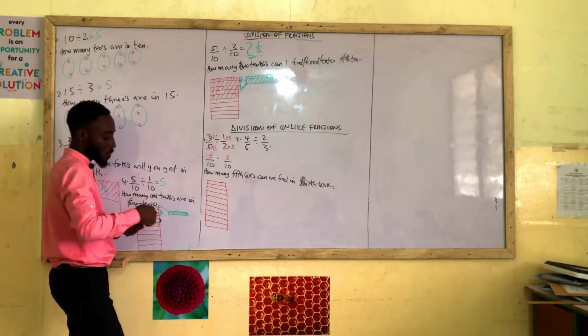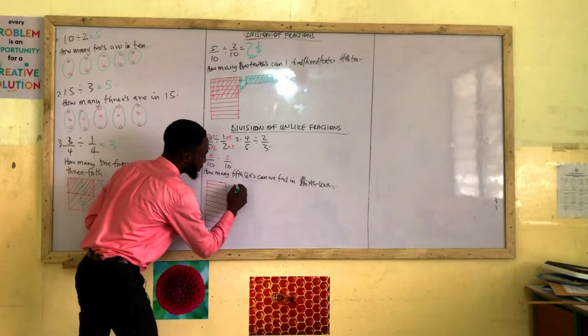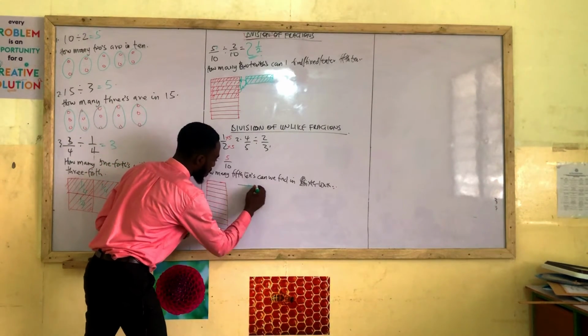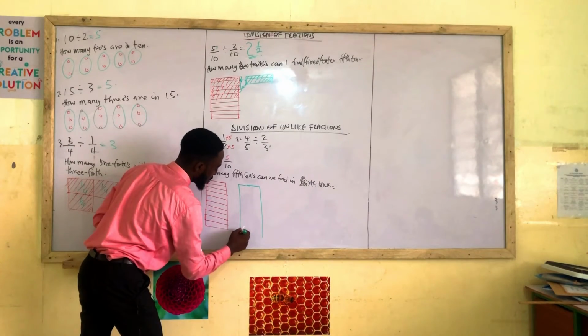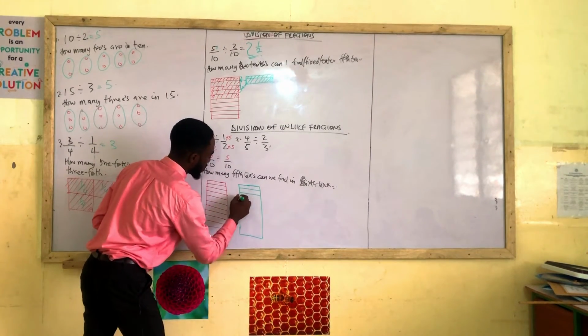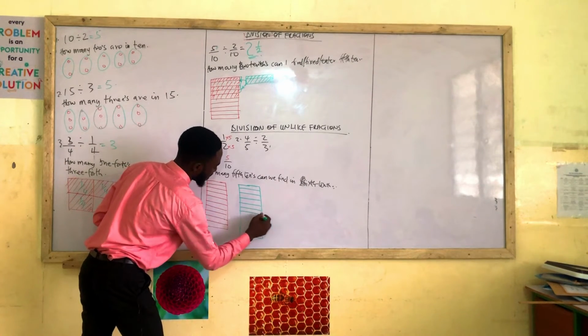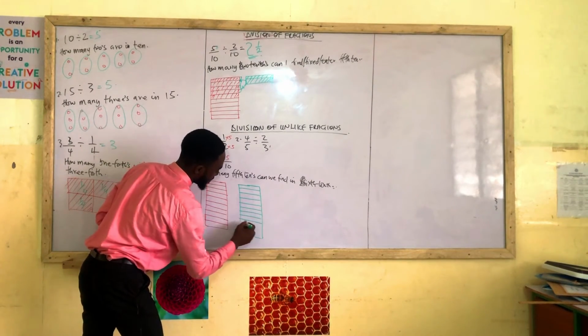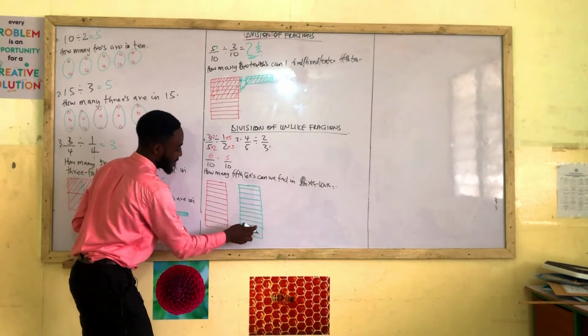And then the fifth 10 is also going to have a similar pattern like this. So we have this. So I have 1, 2, 3, 4, 5, 6, 7, 8, 9, 10.